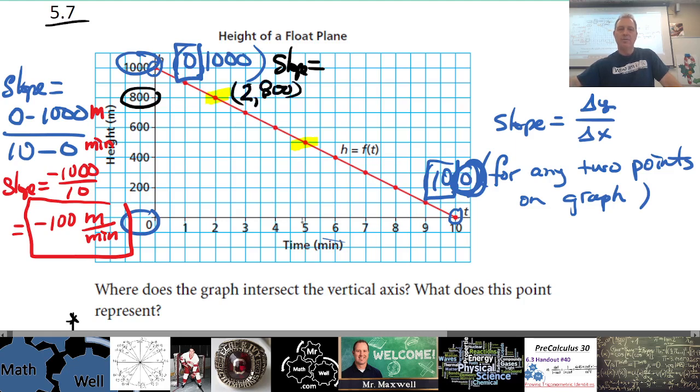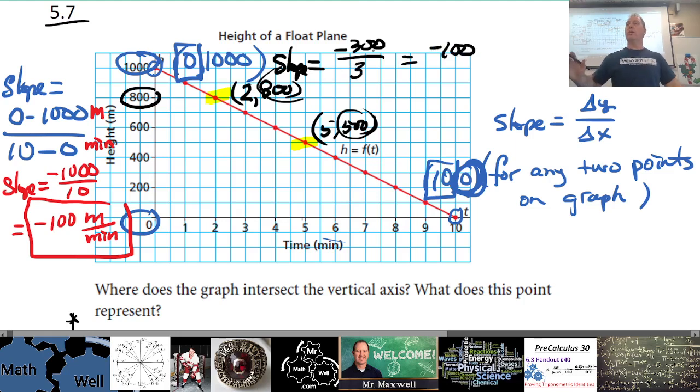And this one's going to be 5, comma, 500. So the slope is going to be 500 minus 800, that's minus 300, divided by 5 minus 2, that's 3. Oh, wow, negative 100. See that? With any 2 points, you should get the same slope if you did things correctly.